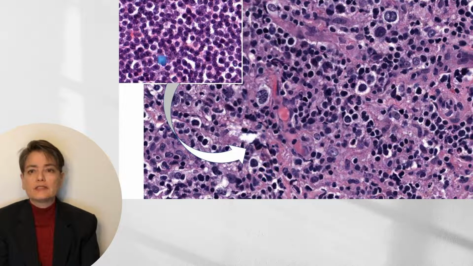So here you can see the small regular cells, but with the accumulation of additional mutations, we can get this very aggressive, very polymorphic large-cell B-cell neoplasm. And this is going to have a worse prognosis than what you would see if you had a typical diffuse large B-cell lymphoma because it has additional mutations.